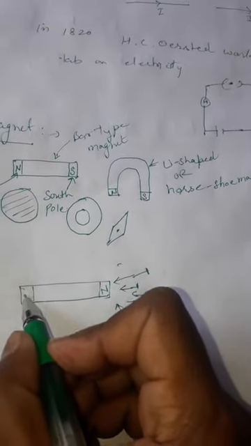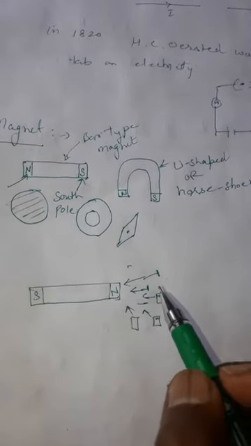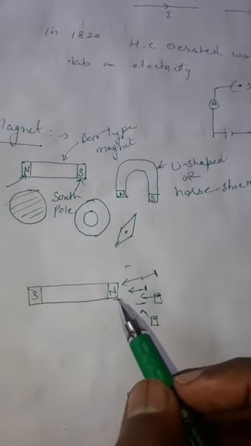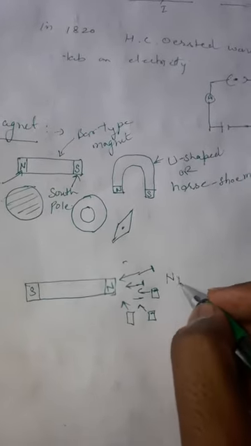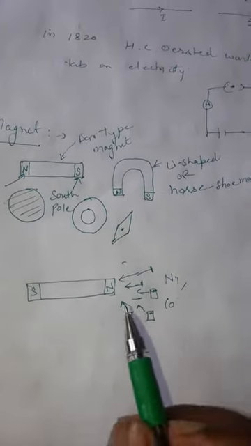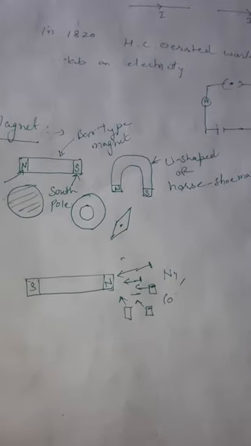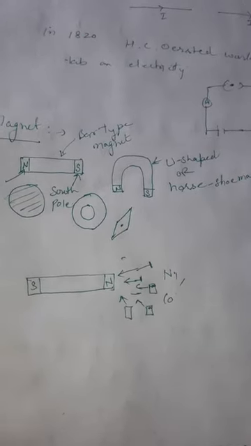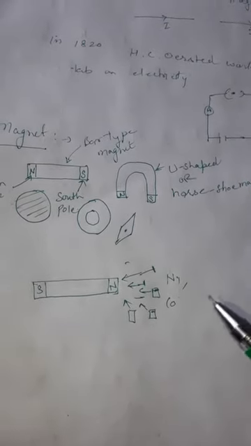So a magnet is a material which can attract iron pieces, and not only iron but certain other materials like nickel and cobalt can also be attracted by a magnet. All these materials are called magnetic materials.